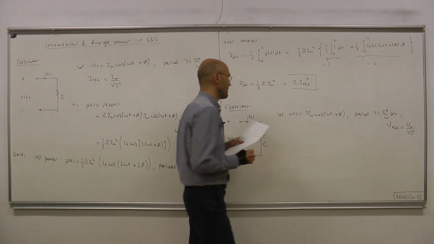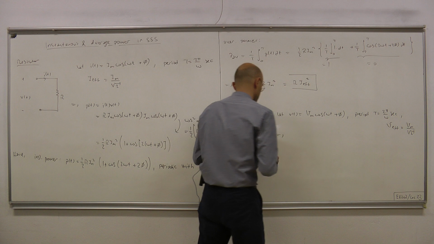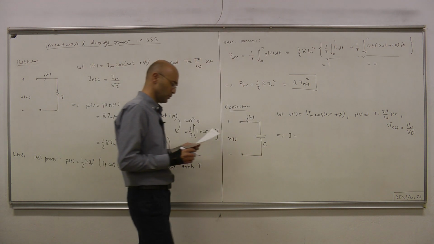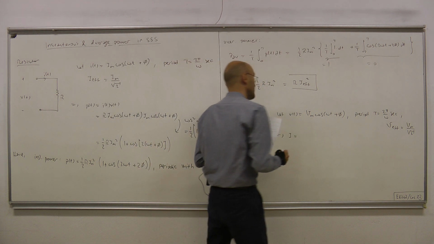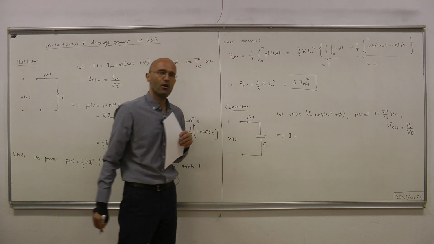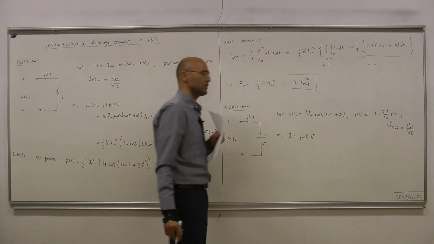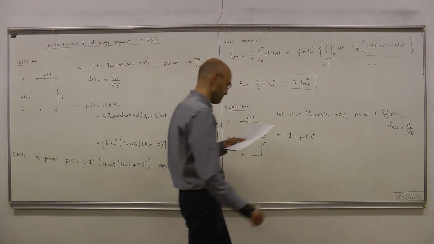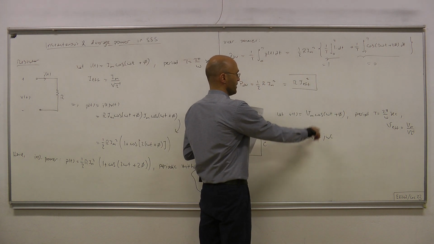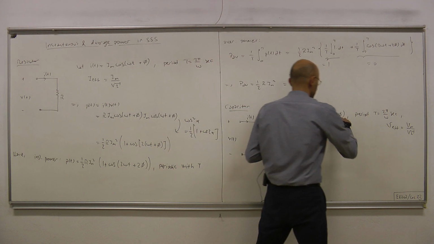So for that, we need the current information, which we can easily figure out using phasors. The phasor of the current, I, equals the admittance times the phasor of the voltage. The admittance of the capacitor is j omega C, times the phasor of the voltage V. What's the phasor of V? This is our V, this is the magnitude, and the phase is phi.